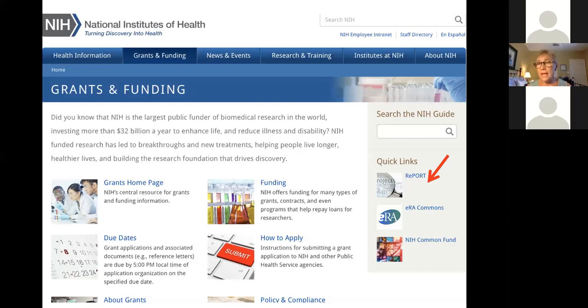But a K08 is for a clinical person. You have to be faculty, and you're doing more laboratory-based research. K23 is patient-oriented research. So you're doing more with the patients and patient samples, etc. More like a clinical trial.